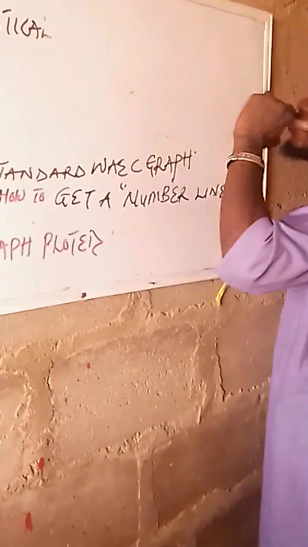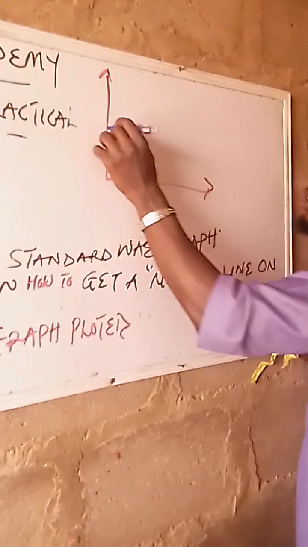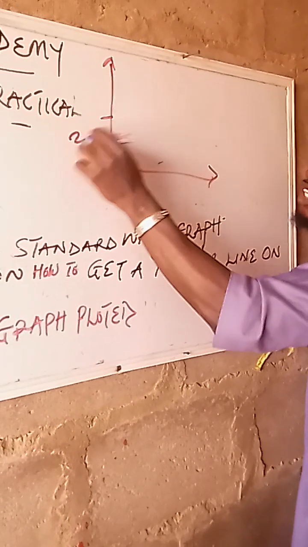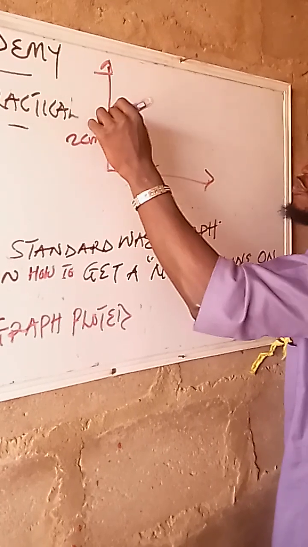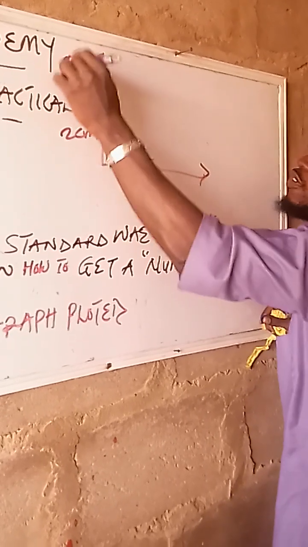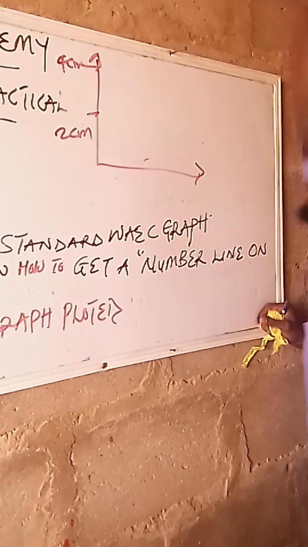So now, what is that? We have this is vertical, this is horizontal, and we know that from here to here is 10 bars, which is 2 centimeter. This is from here to here making 20 bars, which is 4 centimeter. That's what I explained, up to downward.